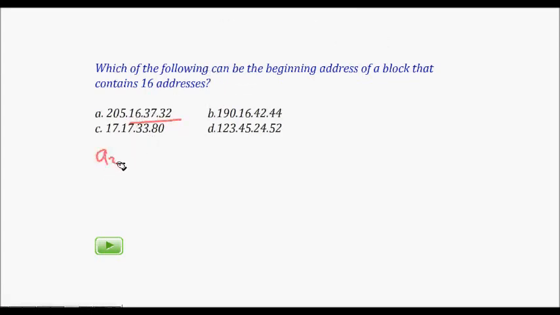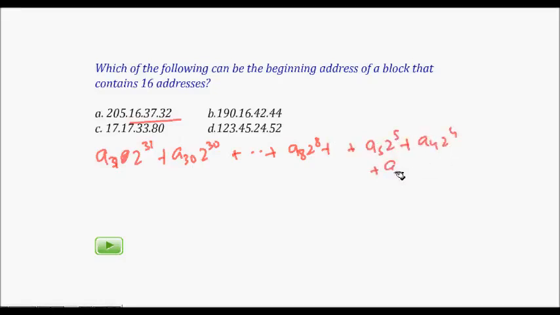I have the IP address as A31 2 to the power of 31 plus A30 2 to the power of 30 plus A8 2 to the power of 8, till A5 2 to the power of 5 plus A4 2 to the power of 4 plus A3 2 cube plus A2 2 square plus A1 2 to the power of 1 plus A0. Now whatever is here, these are all divisible by 2 to the power of 4.